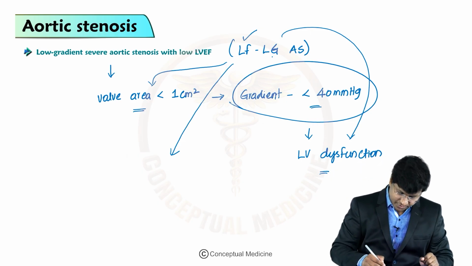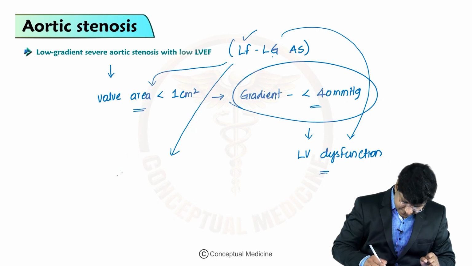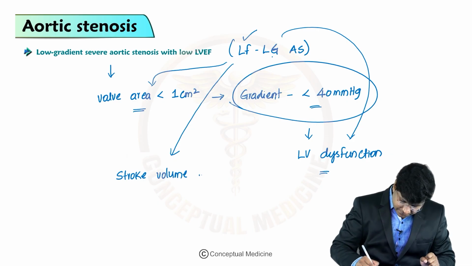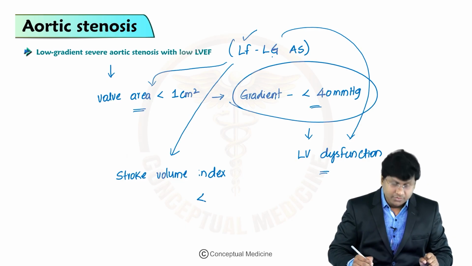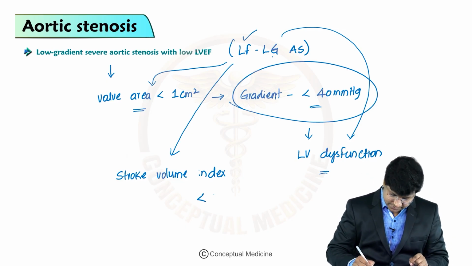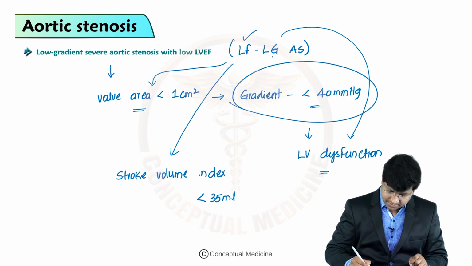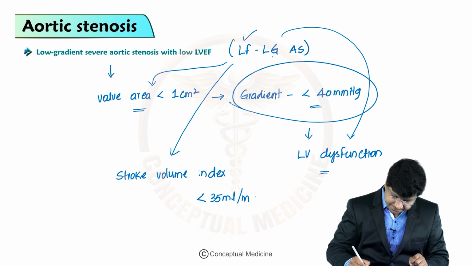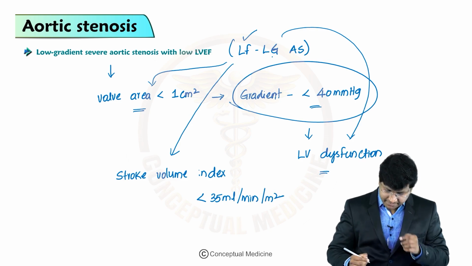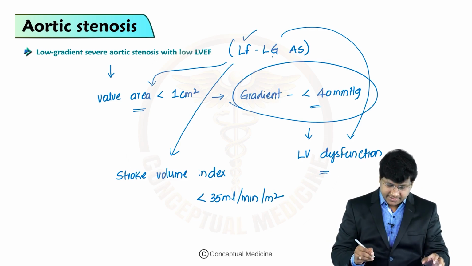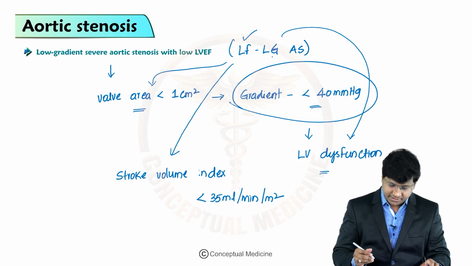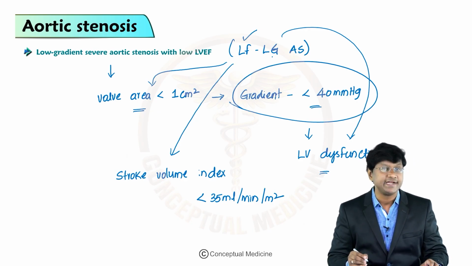Okay, so the stroke volume index will be less than 35 ml per meter square in patients with low flow, low gradient aortic stenosis.